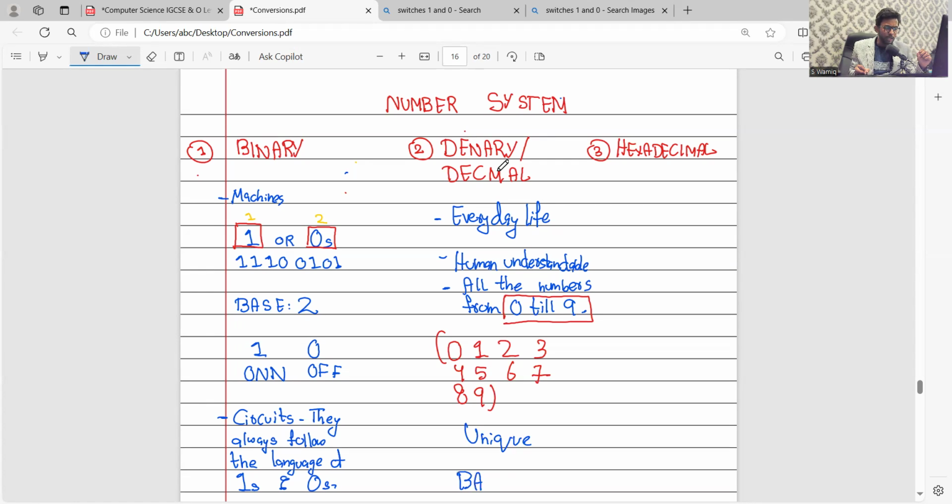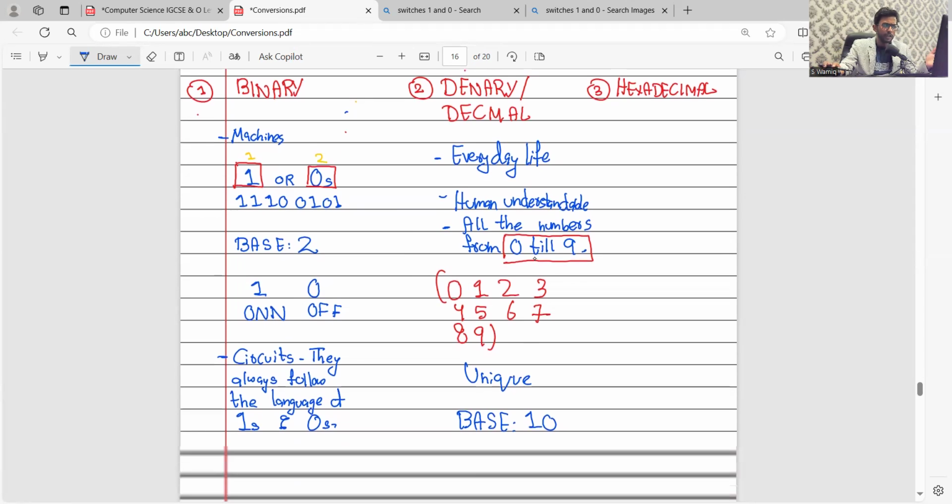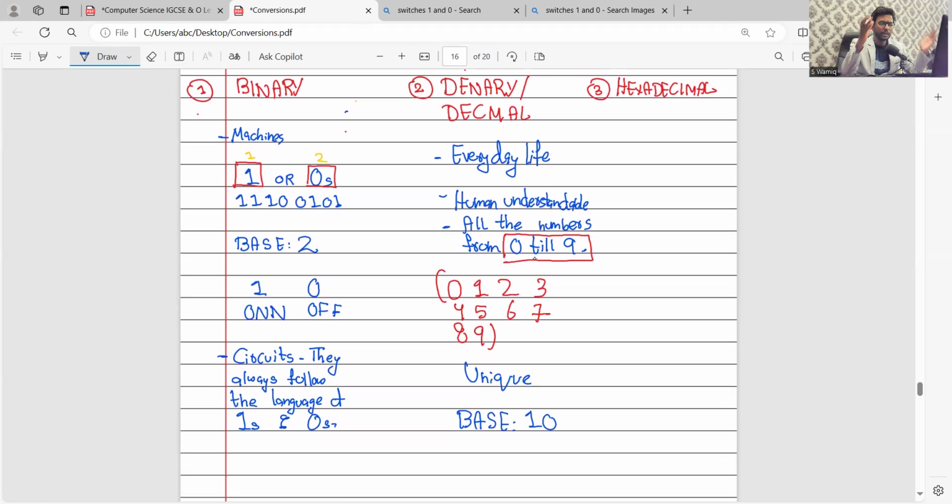So what is my base number? The base number is 10. This is a number that I use in my everyday life. This is a human understandable number. For example, today is the class of grade 9 students. What is 9? 9 is a denary number. I have 10 students in my class. What is this 10? This 10 is a denary number. So I hope this is clear to you as well.